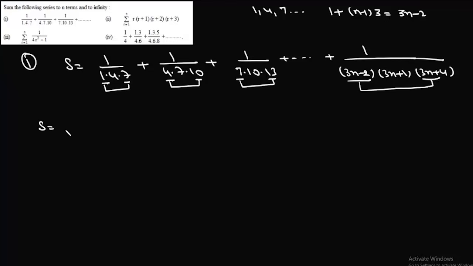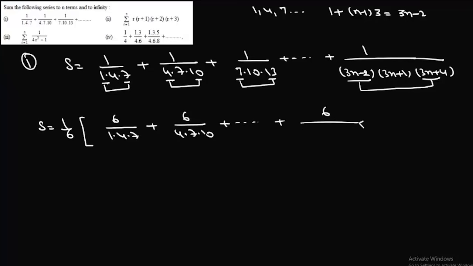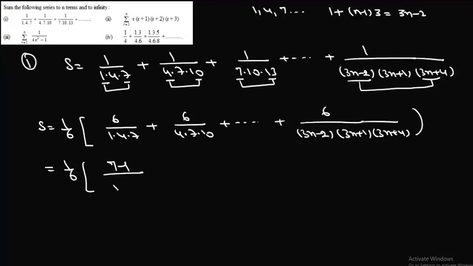So we can write S as 1 by 6, and this is 6 upon 1.4.7, and this is 6 upon 4.7.10 up to 6 upon (3n minus 2)(3n plus 1)(3n plus 4). Now this is 1 by 6. Now we'll write this 6 as 7 minus 1. So it will be this 7 minus 1 upon 1.4.7.